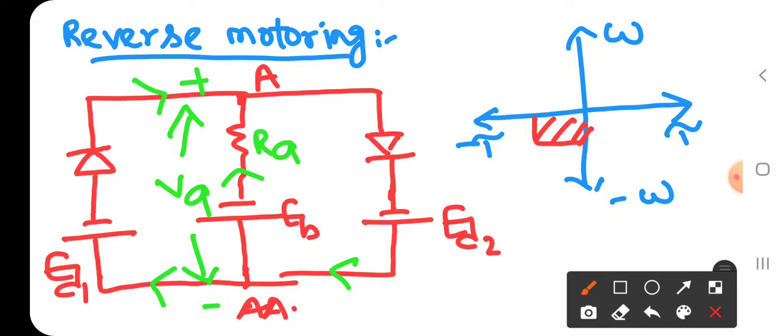Now write down a few points. The first one: the torque produced is negative, that is counterclockwise direction. The motor is also rotating in counterclockwise direction.